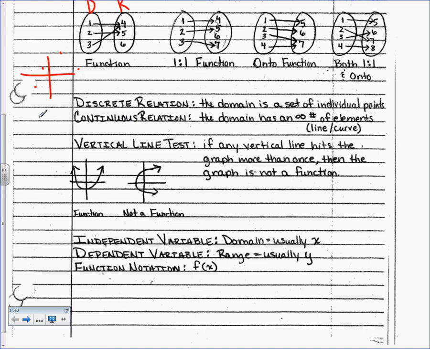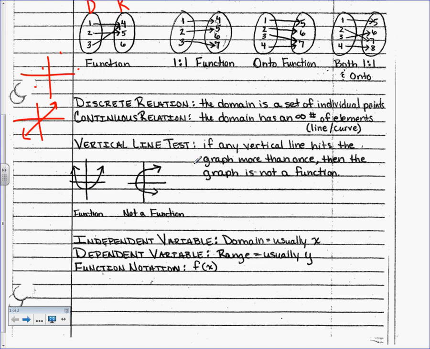Now a continuous relation would look something like this. It continues on and on forever in both directions, right? It could be a line, it could be a curve. So discrete could look like a scatter plot, and a continuous is basically a line, or it has arrows on both ends, probably would be a good way to say it.